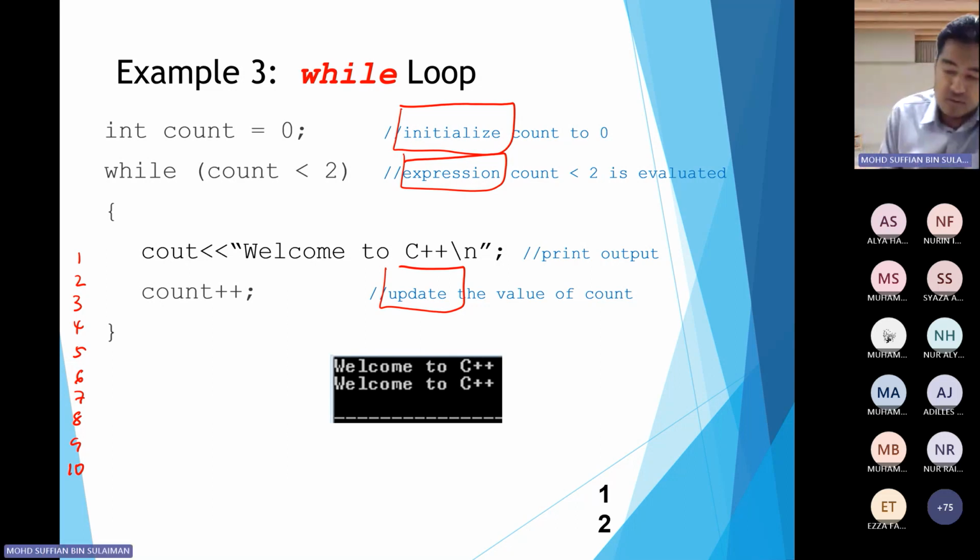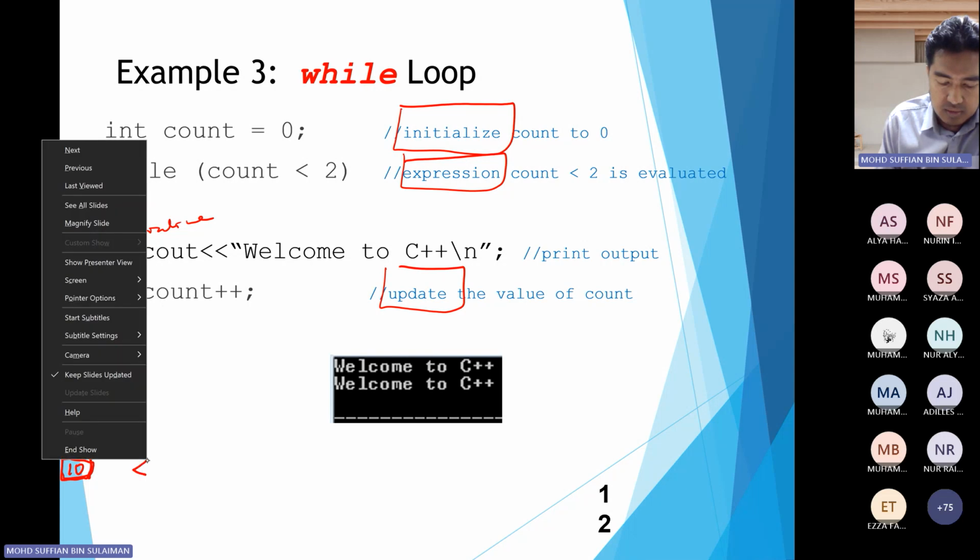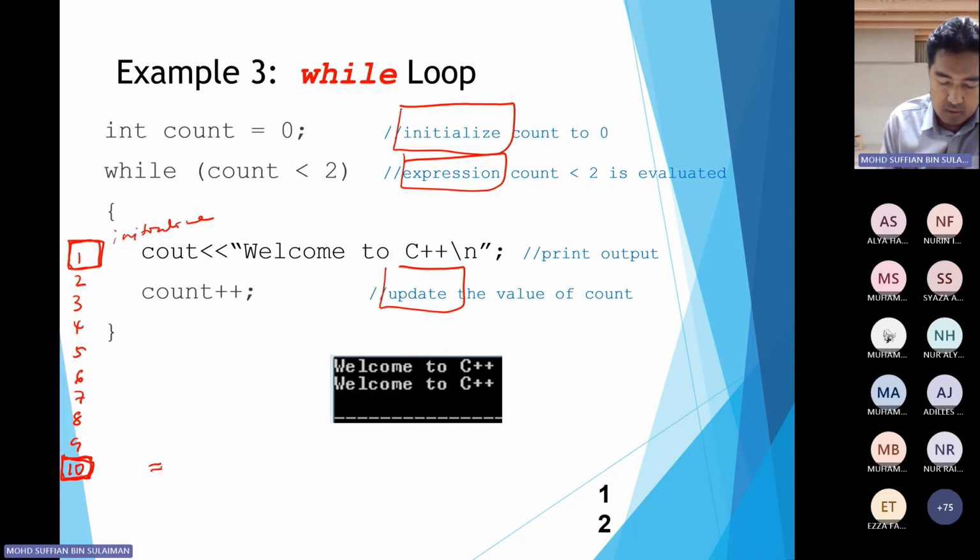Takut lambat. Okay, it's very easy. First, you need to know the start. So this is the start. Start is the initialize. And then you need to know what is the limit. So this is the maximum number, 10. So meaning that it is less than equal to 10 again.